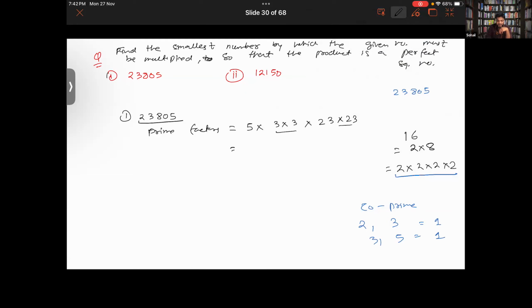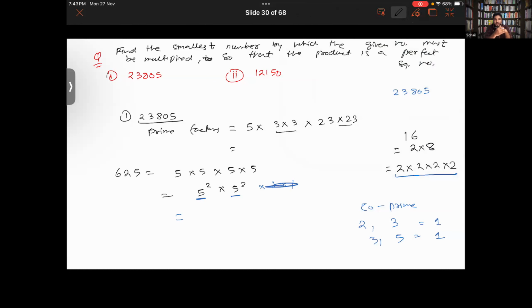For example, if I have a number like 625, इसकी prime factorization अगर मैं करता हूँ, I can write it as 5 into 5 into 5 into 5. So here I have numbers like 5 and 5, which are prime numbers.